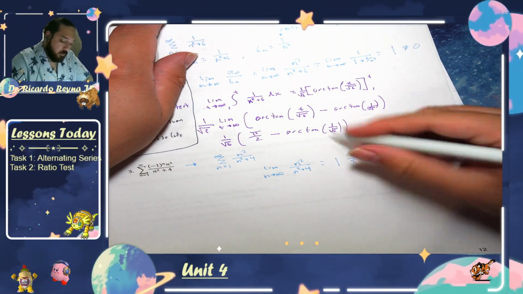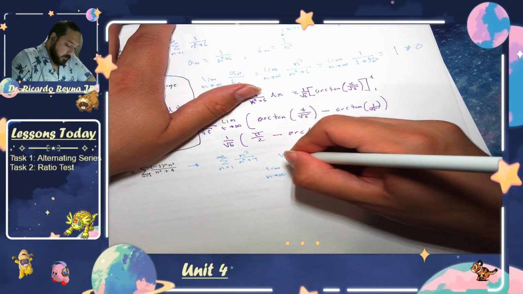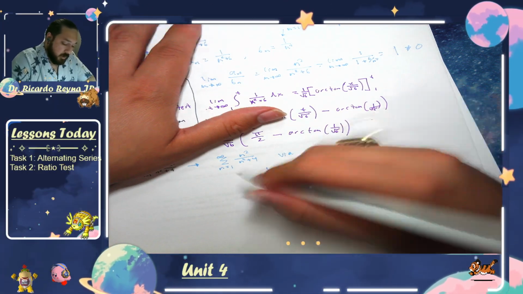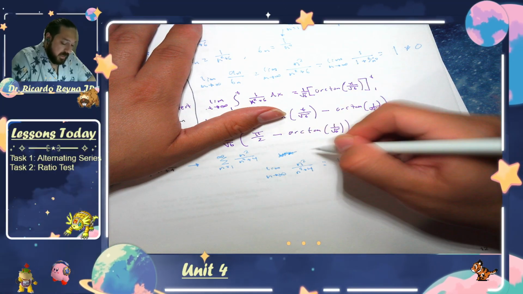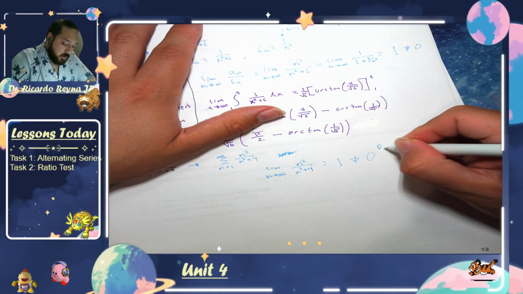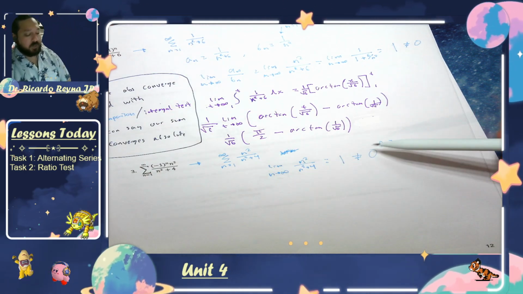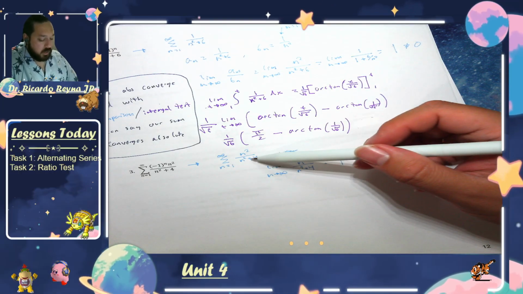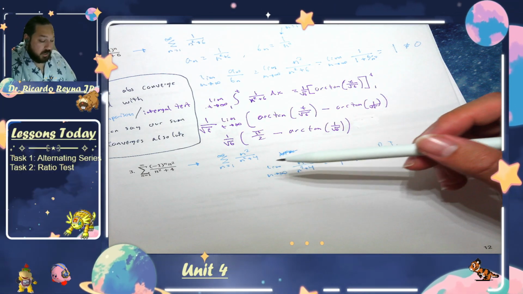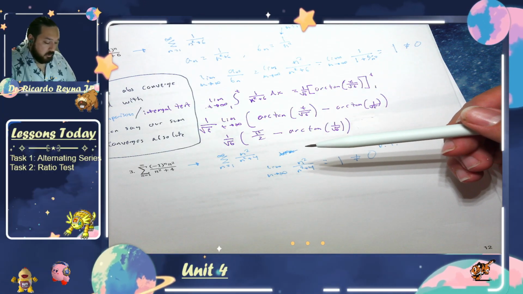So therefore, via divergence test, or never mind, I'm not going to write the answer yet, but this is just the divergence test at the moment. So we see that via the divergence test this guy does not converge, it diverges.